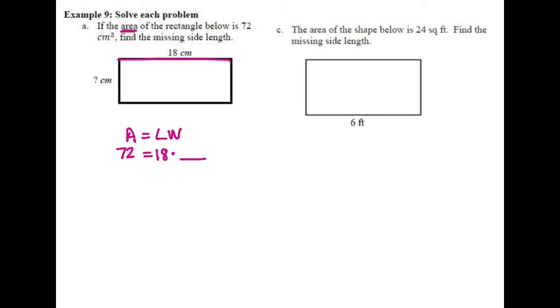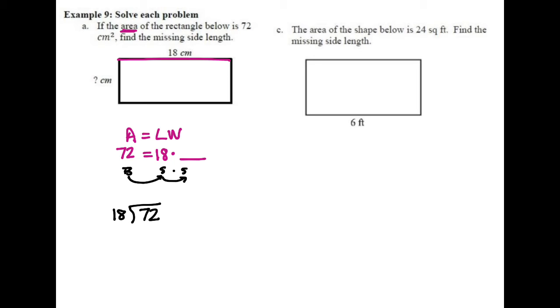So if you recall, when you're multiplying, these are the two small numbers, and this is the big number. So the big number divided by one small number will give you the other one. And it doesn't matter which small number you use. So this one divided by this will give me that. So we're going to divide here to give me there. So 72 divided by 18.